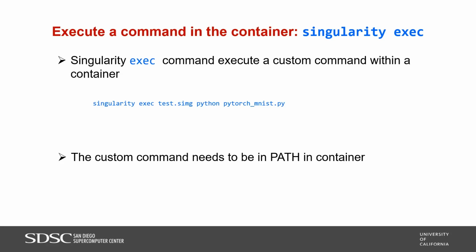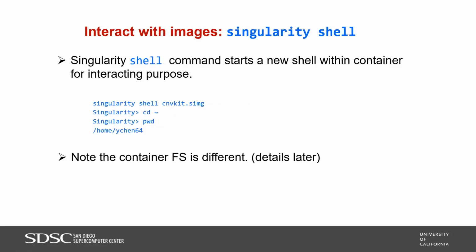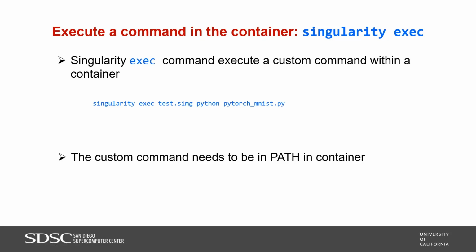So here is just a simple example to show we want to run a Python script, and we use the exec command and tell Singularity which image to use and which command to use, and if there are any arguments or options for this command. So all three ways, shell, run, and exec, are very simple and easy to understand.